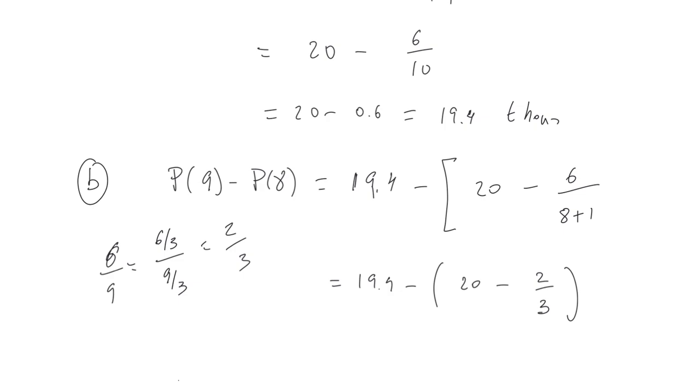Now the amount of the increase of the population from P of 8 to P of 9 is this factor. How much is this? Well, you have to make the calculation. Let's do it. 19.4 minus 20 minus 2/3.